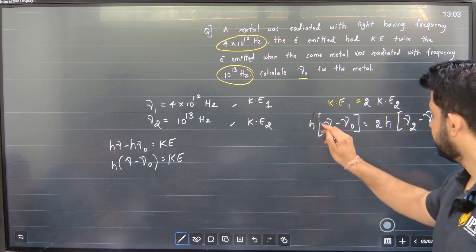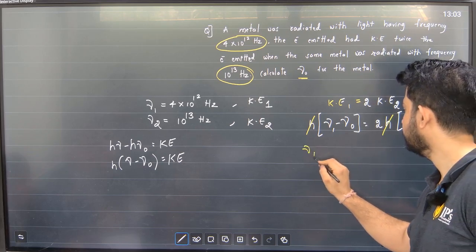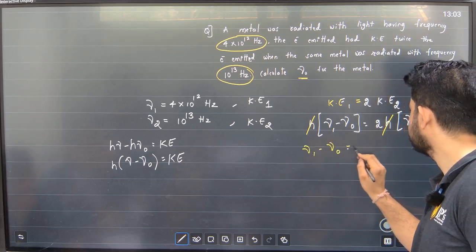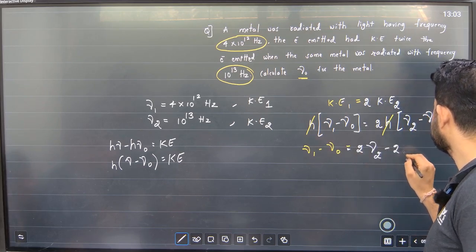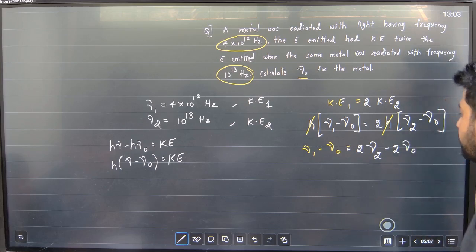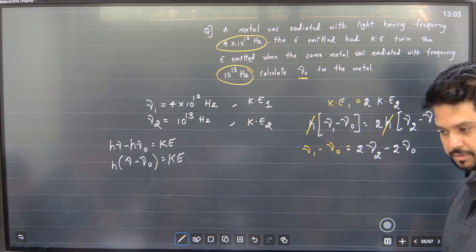With me? h goes away. So nu1 minus nu naught is 2 times (nu2 minus nu naught). Can you solve this and give me the value of nu naught?